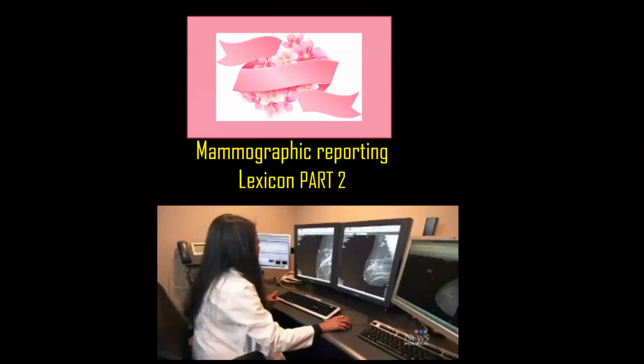Okay, mammographic reporting. What are the mammographic features of breast cancers? Mass, asymmetry, architectural distortion, calcifications, microcalcifications.